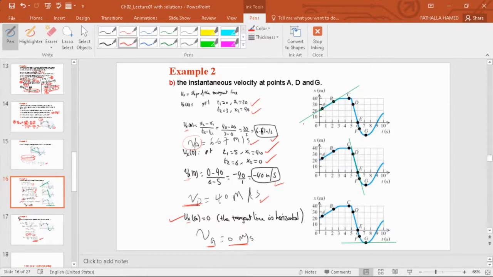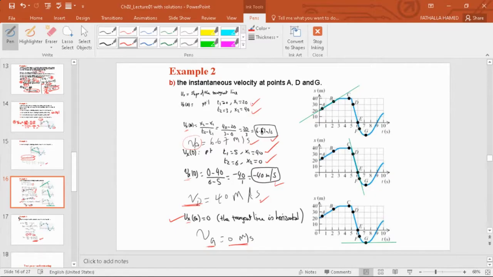Now, if I want to do that at point A, you have to draw a line tangent to A. So you can see you want to take the slope of this line that passes through A, the green line here. You can pick any 2 points on this. It's a lot easier to pick points on the graph, so I will take the point at 0 and the point at 3.